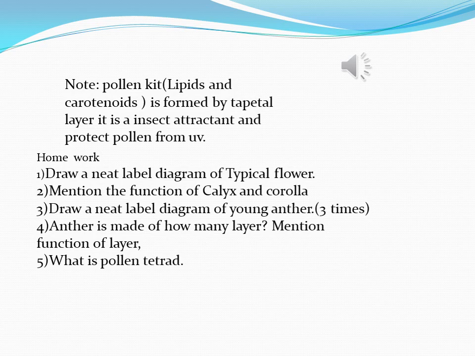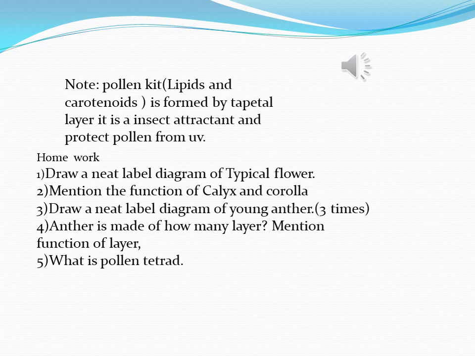Some get degenerated and provide nourishment, or food, for the further developing pollen grains, right? So these pollen mother cells go through the meiotic divisions and produce 4 haploid cells.